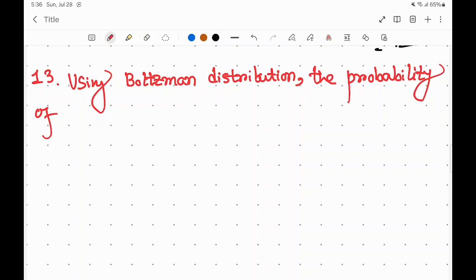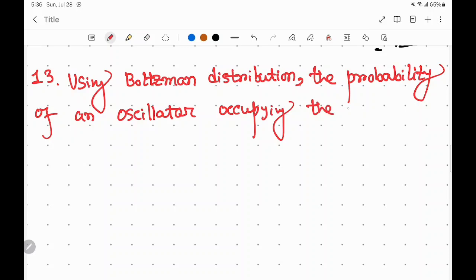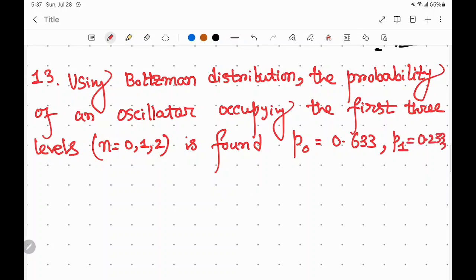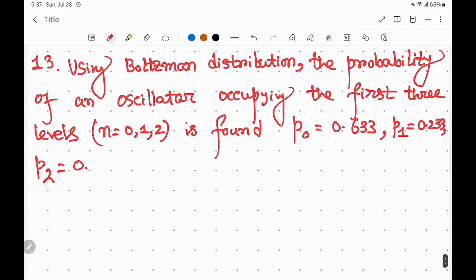Distribution, the probability of an oscillator in a harmonic oscillator occupying the first three levels, which are n equals 0, 1, 2, is found. Probabilities are given: P0 is 0.633, P1 is 0.233, P2 is 0.086.